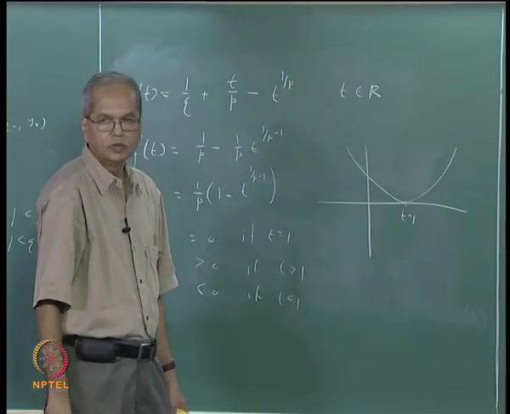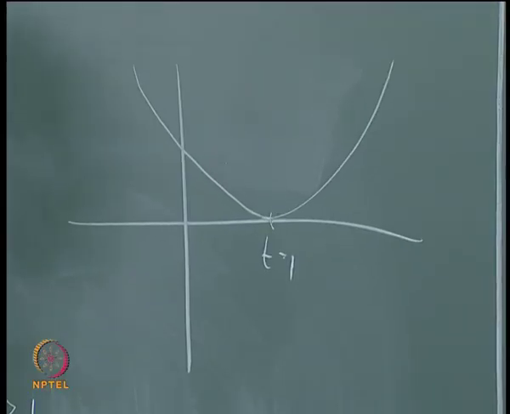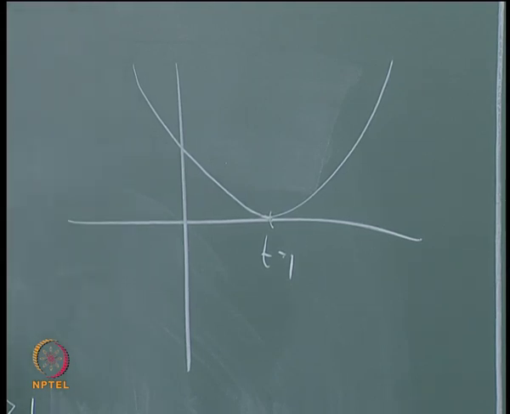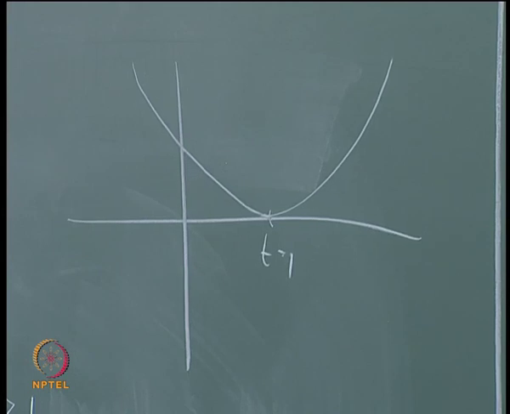So does it follow from here that it must be bigger than or equal to 0 everywhere? What it means is that f(t) is bigger than or equal to 0 for all t.